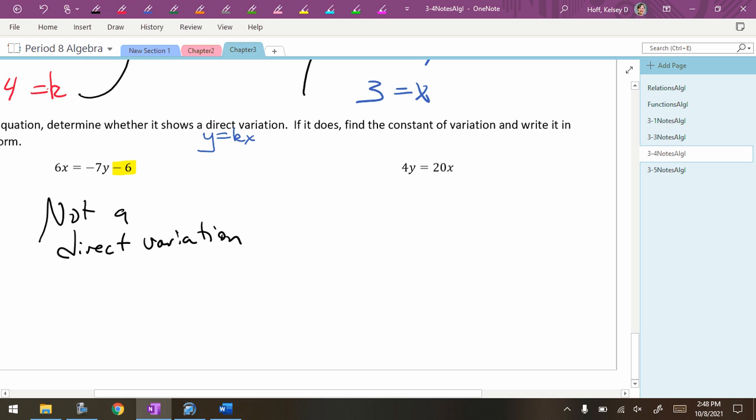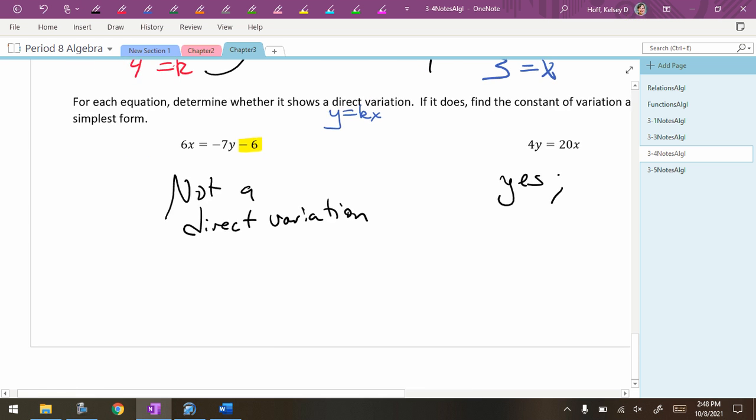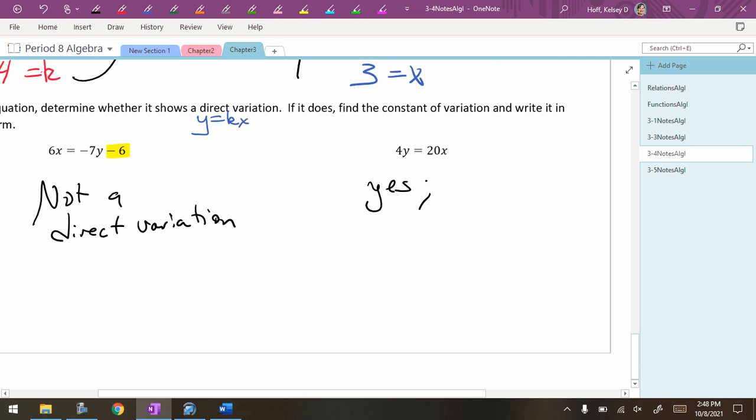4y equals 20x. Is this a direct variation equation? Yes. Then it says, if it does, find the constant of variation and write it in simplest form. To find your constant of variation, this is where you got to get y by itself. How am I going to take this equation 4y equals 20x and get y by itself?